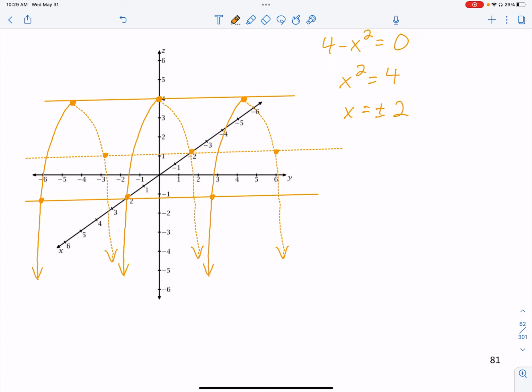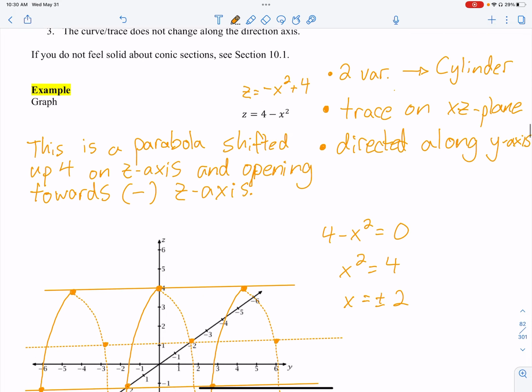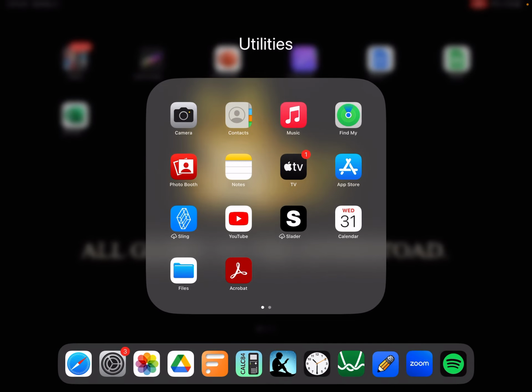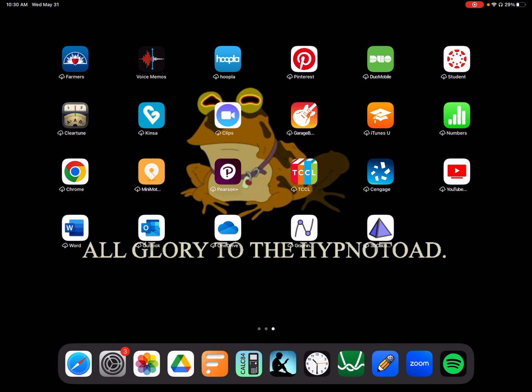Let's try to graph this in an app. Let me see if I can pull up GeoGebra on my iPad. I'm pretty sure there's an app. Of course, it's going to update right now, so we'll let that load.